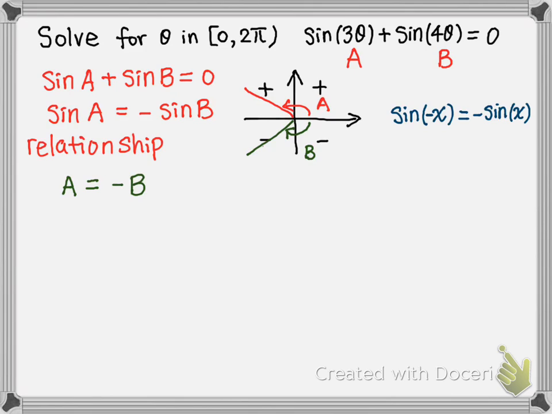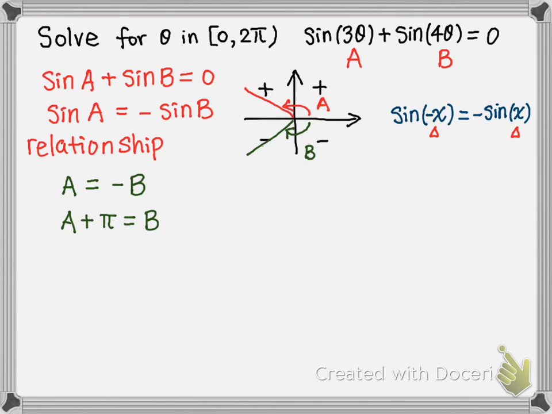So what it's telling you is the angles inside are negative of each other. So A must equal negative B. Or there's another relationship: angle A plus pi must equal B.